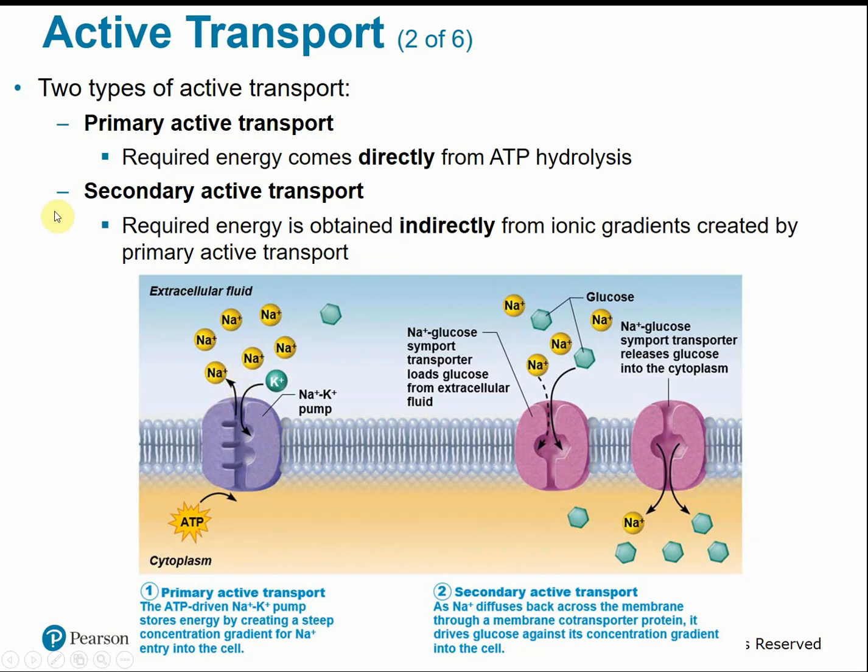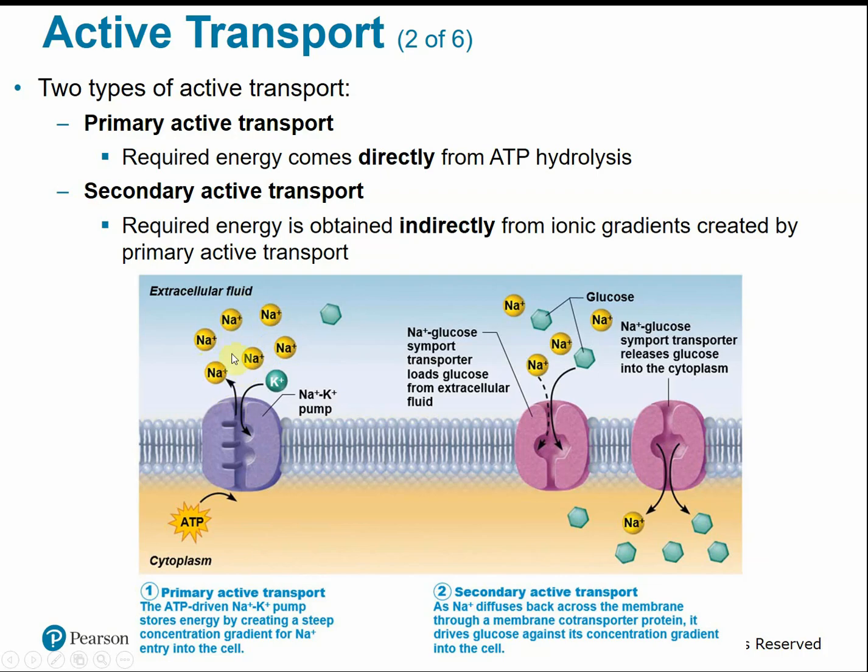Secondary active transport is going to require energy that's obtained indirectly from the ionic gradients that were created initially by the primary active transport. So it's a form of active transport, but only in the fact that it's dependent and kind of a consequence of the primary active transport.